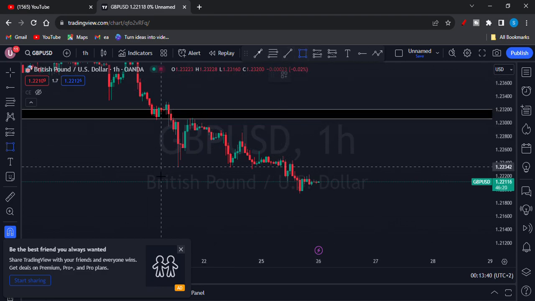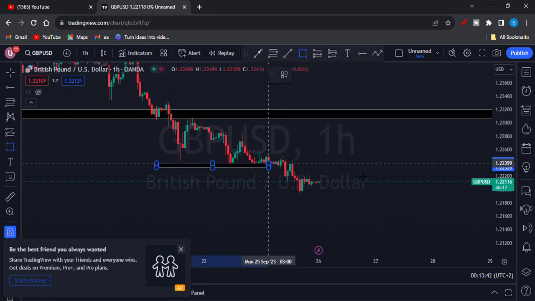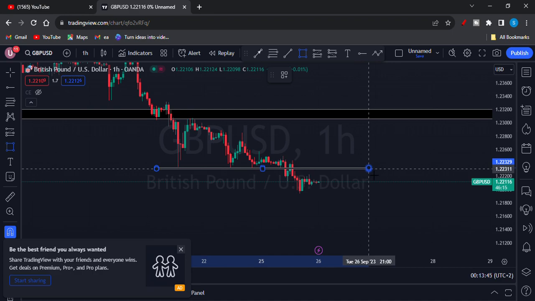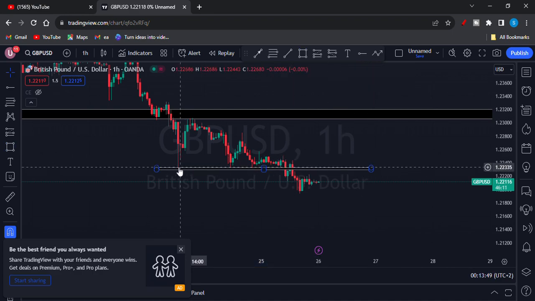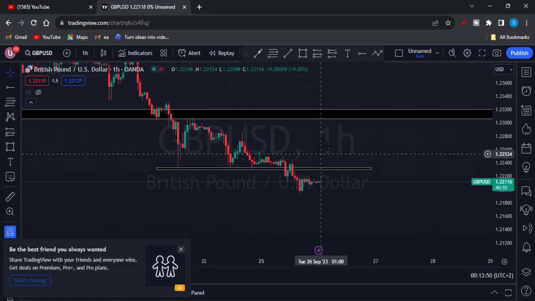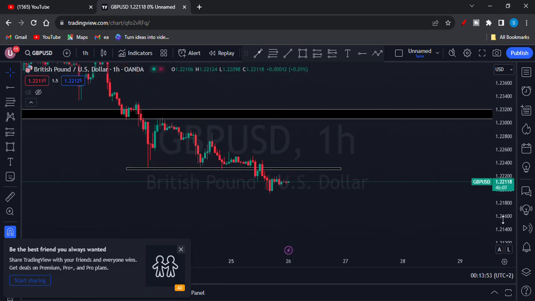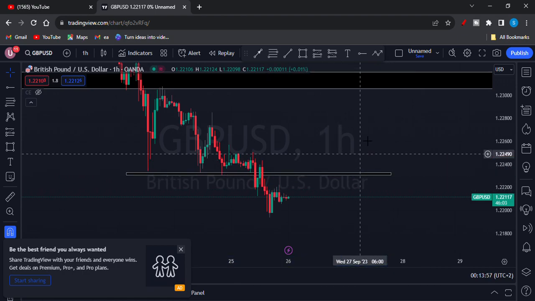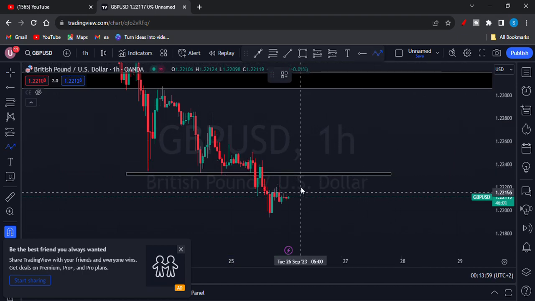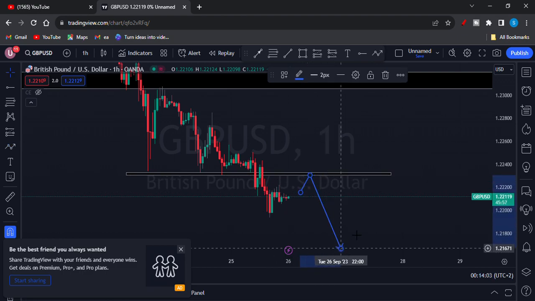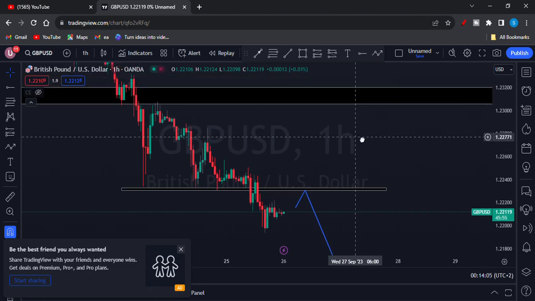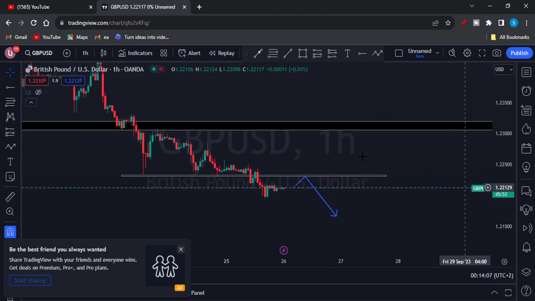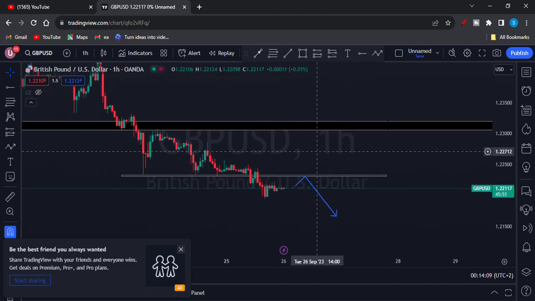We also have this tiny zone right here, this support area right here, and then let me just drag this. There is a possibility that the market can come around these areas and then continue to sell. Okay, so that's my analysis for GBPUSD.